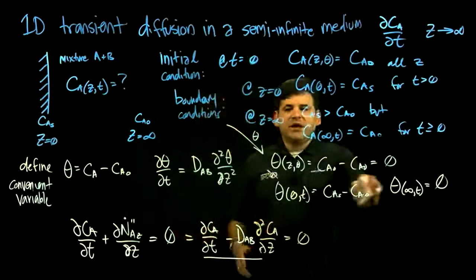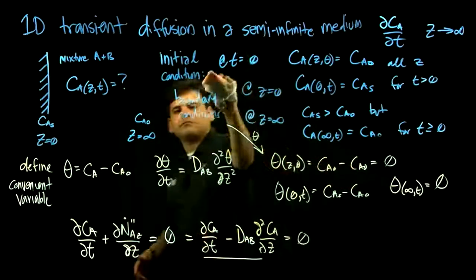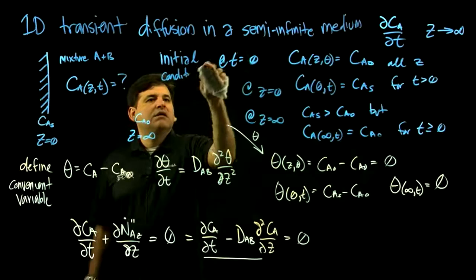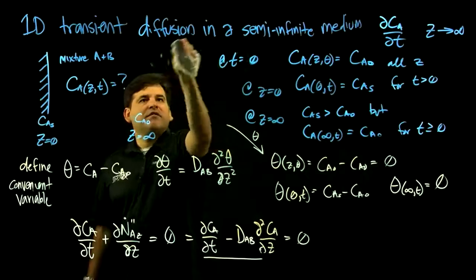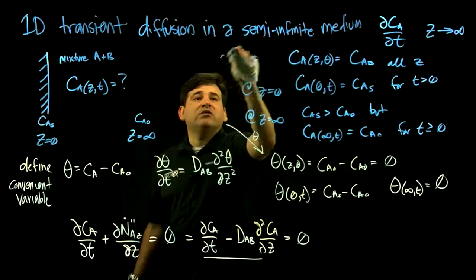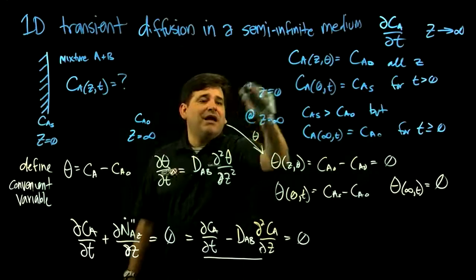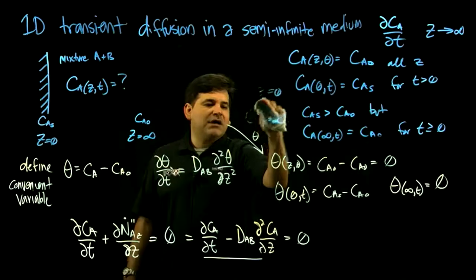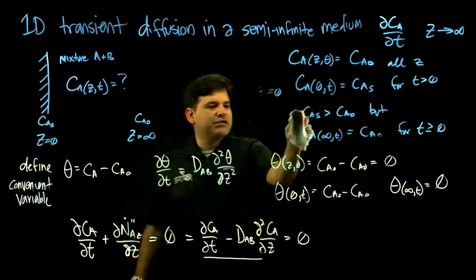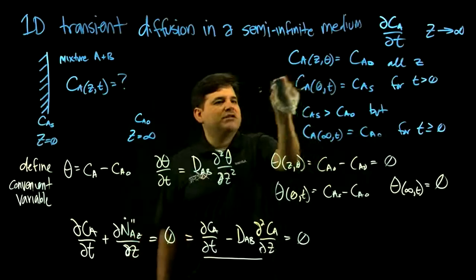Now that we have these boundary conditions, how do we solve that? Well, what we have here is a second derivative of concentration with respect to space, and a first derivative in time. The way to solve these is to use a Laplace transform.